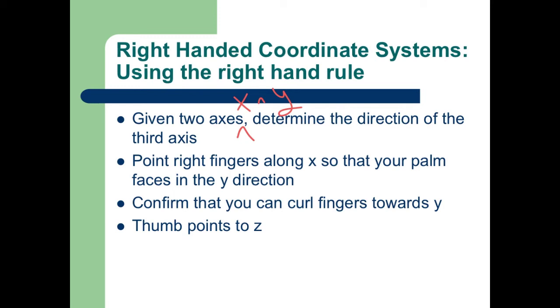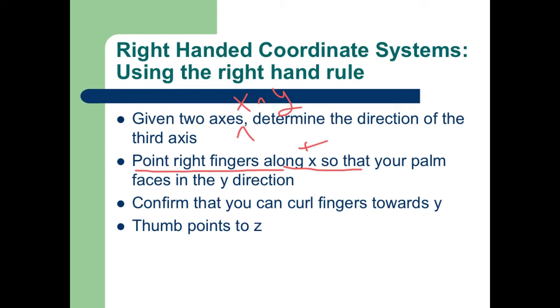If you're given two axes that are X and Y, you want to start by sticking your hand out so that the fingers of your right hand, and it's got to be the right hand, that's why we call it the right-handed coordinate system, are pointing in the positive X direction. Then you adjust your fingers. Of course, there's an infinite number of positions where you can have your hand so that the fingers are pointing in the positive X position.